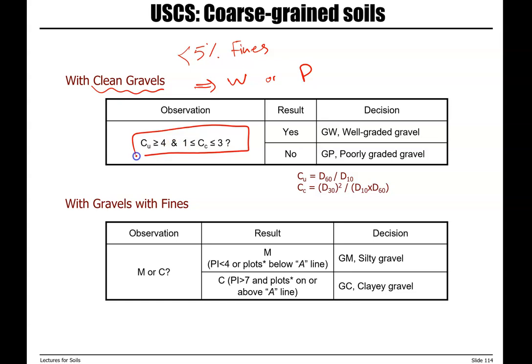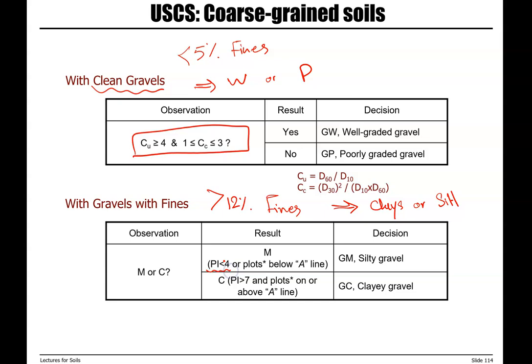These are the statements that you need to check. If the amount of fines is more than 12%, then it's important that we know if it's clay or silt. Which one do we have? You have to use the plasticity chart.